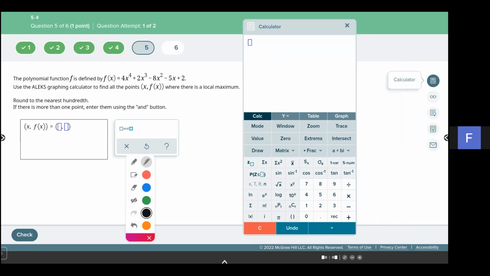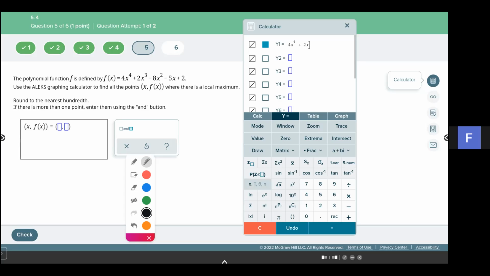All right, so we're going to go to y equals, and I'm going to graph 4x to the 4th, get out of the exponent, and then plus 2x cubed.